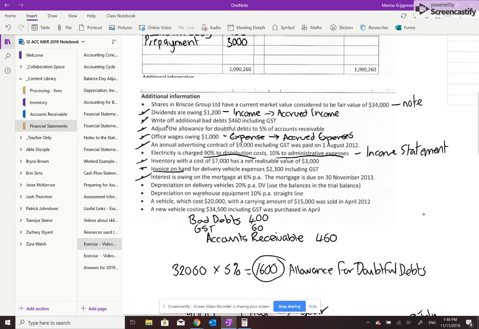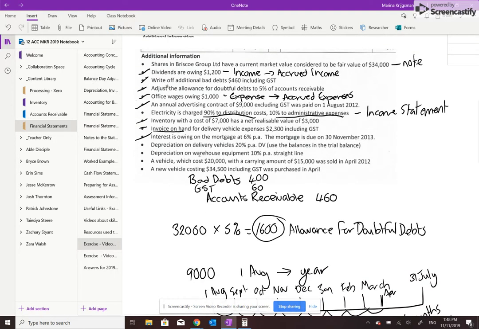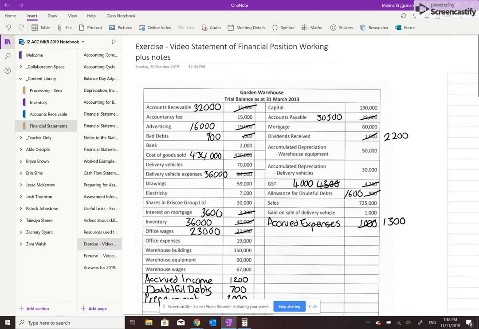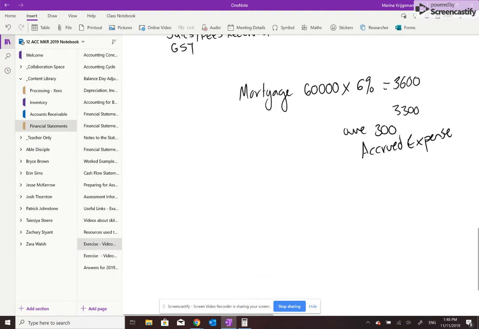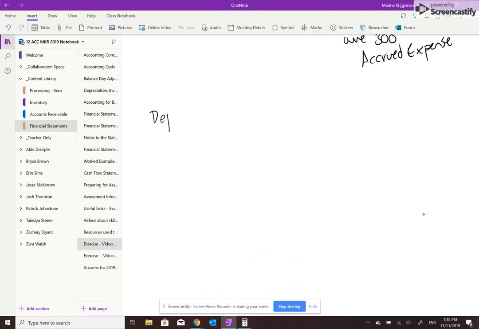Right, next one is our depreciations. Right, we have depreciation on the delivery vehicle. DV is our diminishing value. So we need the carrying amount. So that's a historical cost of 70,000. So let's do our depreciation. And we're doing the diminishing value one.